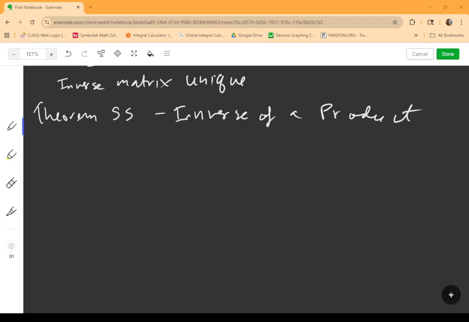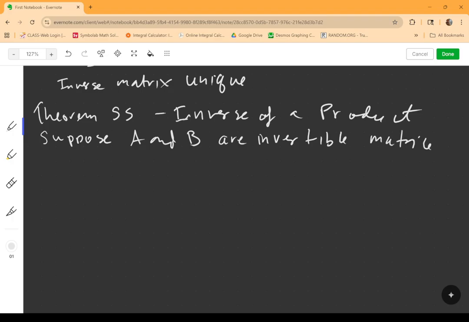It states that suppose A and B are invertible matrices of size m.